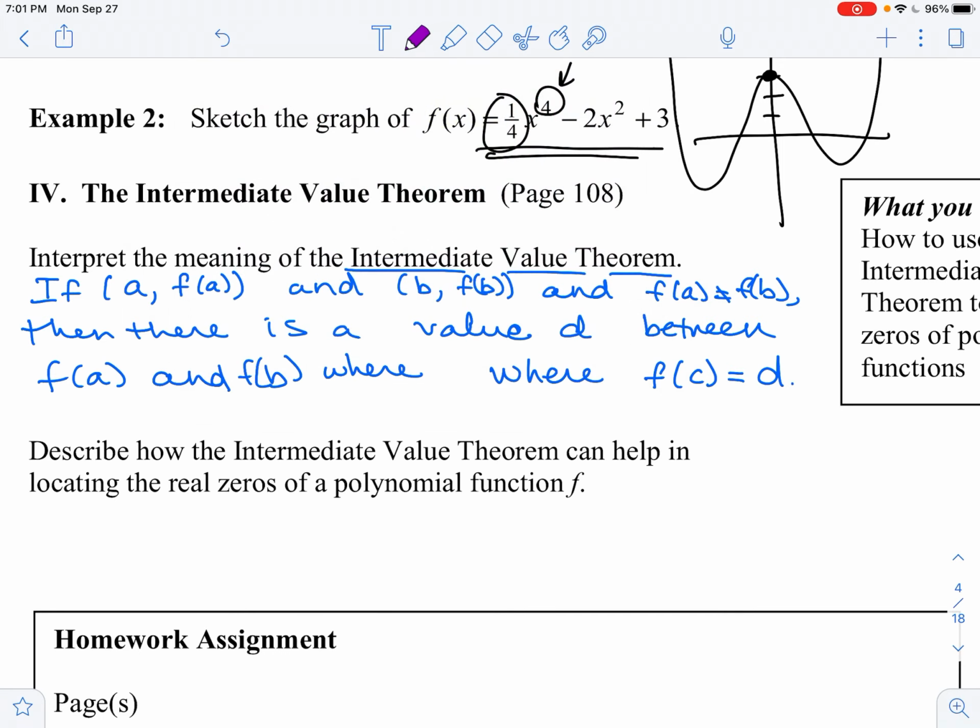So how can we use this tangibly? How can we use the IVT, intermediate value theorem, to help us locate real zeros? Well, here's what we can know.